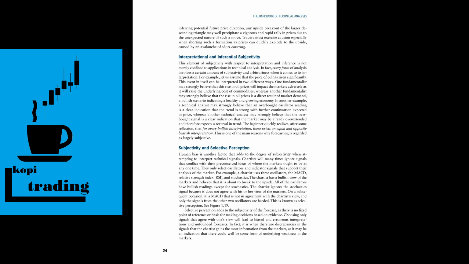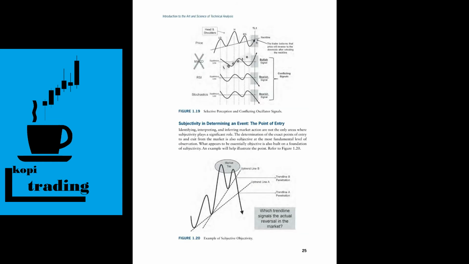In fact, it is when there are discrepancies in the signals that the chartist gains the most information from the markets, as it may be an indication that there could well be some form of underlying weakness in the markets. Figure 1.19 Selective perception and conflicting oscillator signals.